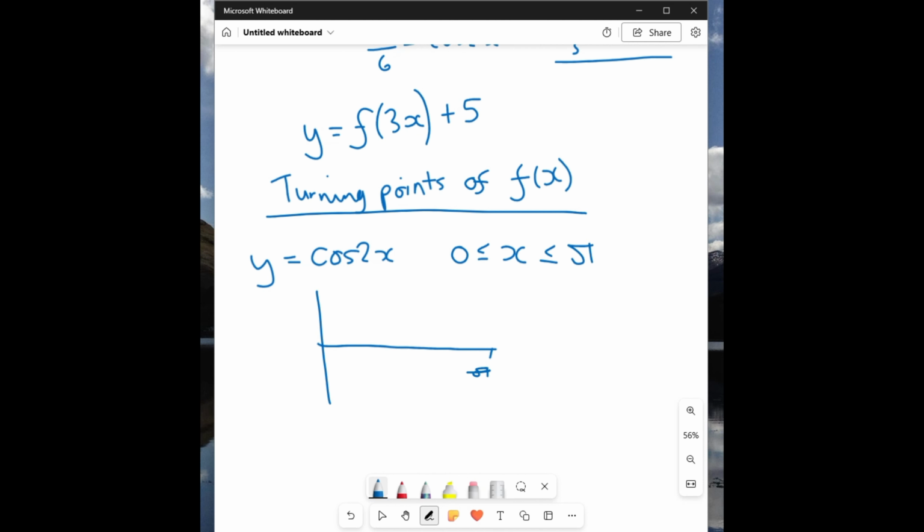So up to pi, that means it's basically doing one period of a cos wave, because we'd have two lots in 2 pi, which would normally be what one period would be. So it's going to look like this. So here's my pi over 2, and so on. This would be pi over 4. This would be 3 pi over 4.